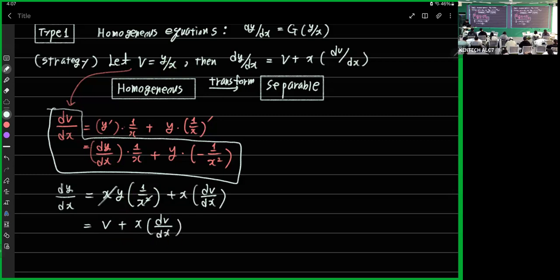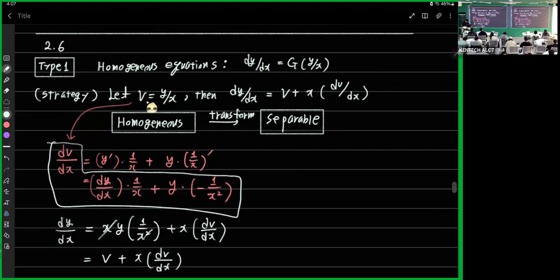Why do we need to do that? Because once you change the variable from y and x to v, the right-hand side is going to be g of v, a function of v. But the left-hand side is still dy/dx, which doesn't make sense.